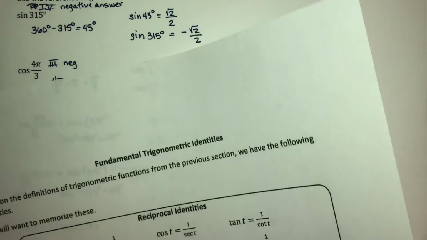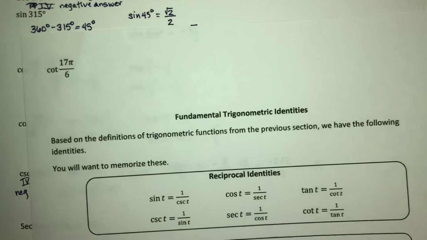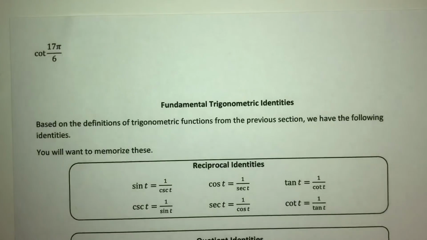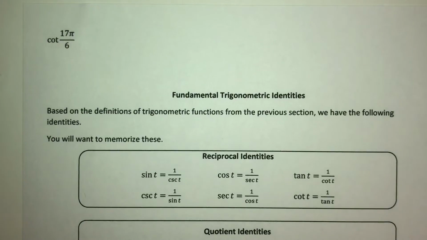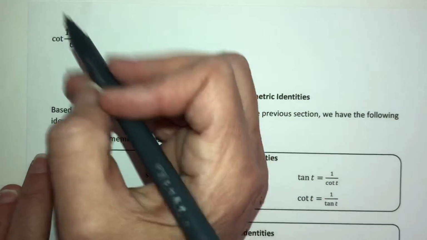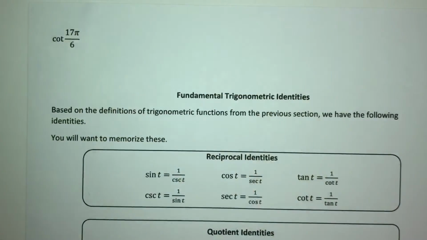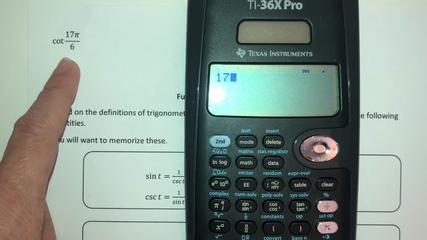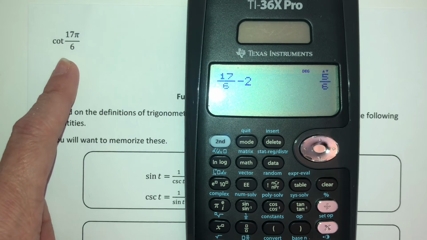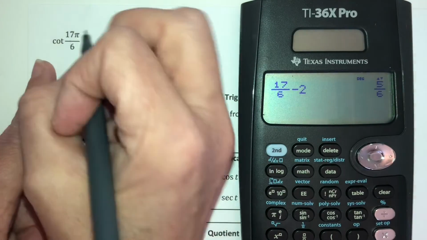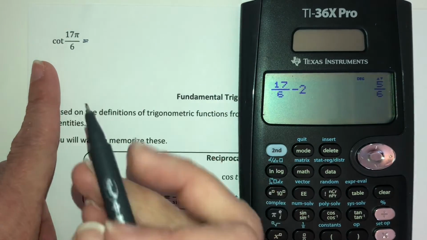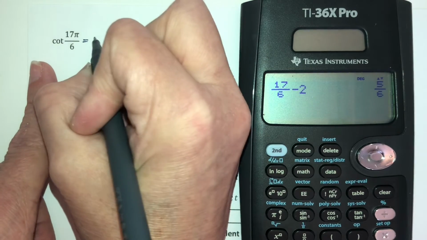Doing the same thing here with cotangent of 17π/6. This is greater than 2π, so I'm going to get a coterminal angle. 17 over 6, if I subtract 2, I get 5 over 6. Its coterminal angle will have the same trig values.